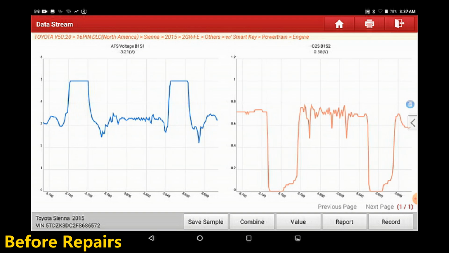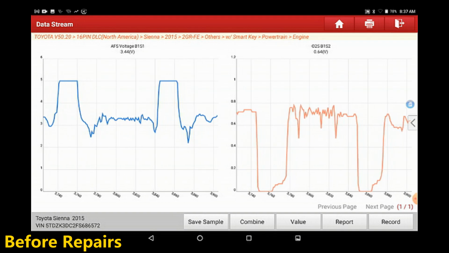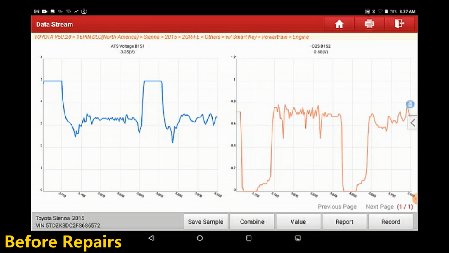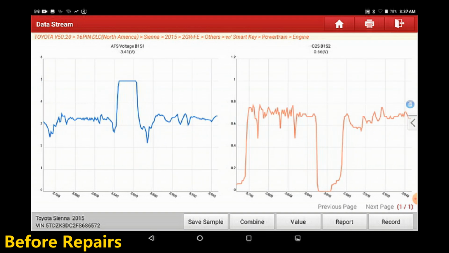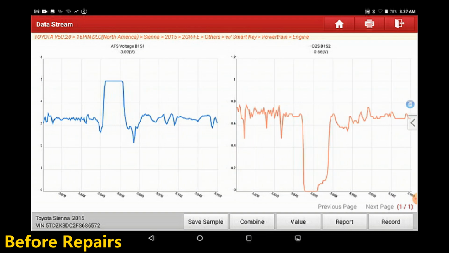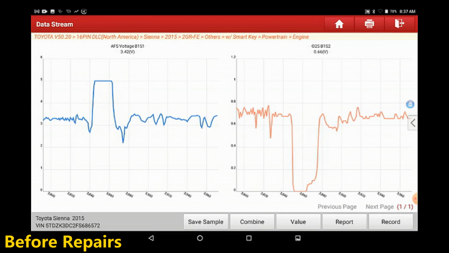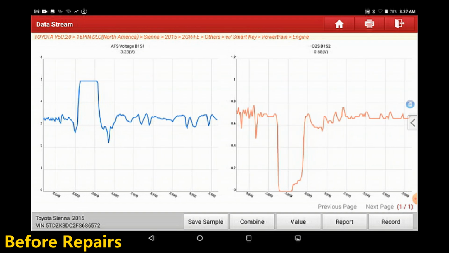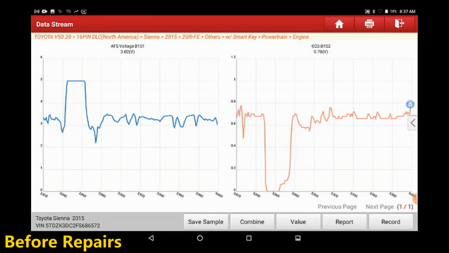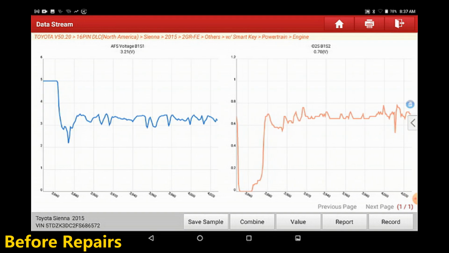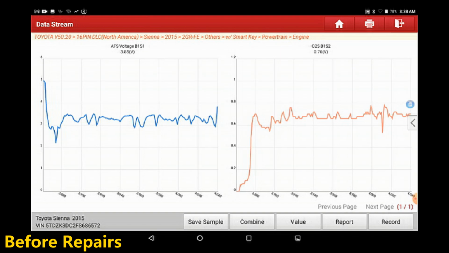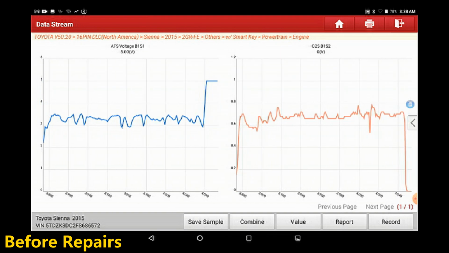And when you look at the air fuel sensor, it's pretty much copying exactly the same as the oxygen sensor. So this is indicative that the catalytic converter is not doing its job, because the exhaust gases that are coming in are relatively the same as what's coming out.